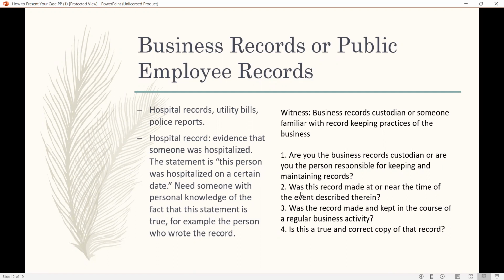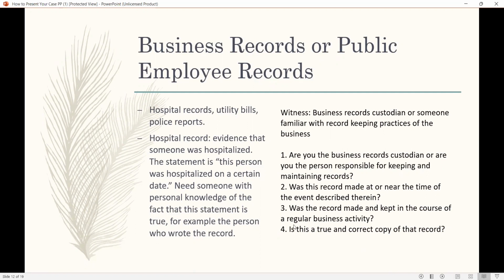With step number 2, was this record made at or near the time of the event described therein? The court just wants to know that this record is accurate because it was made right around the time that the event or the thing that's being reported in the record happened, and it wasn't made months later or a year later. And number 3, was the record made and kept in the course of a regular business activity?